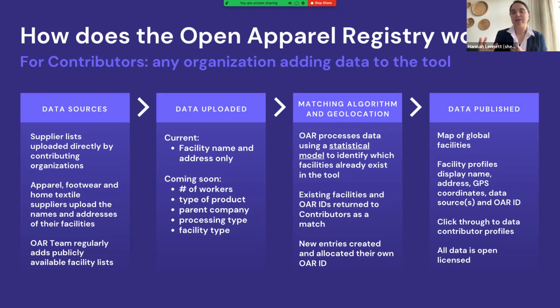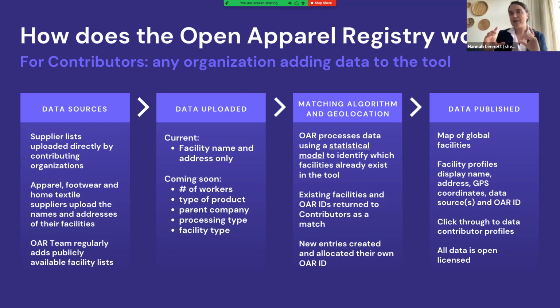Once that data is uploaded, that's when it hits that algorithm and statistical model. So essentially what's happening is that our tool is looking at each of the facilities in the list that you've uploaded and comparing them with all of the facilities that are currently in the Open Apparel Registry. If it finds a match, it goes ahead and matches those facilities together. If it does not find a match, it creates a new facility profile.